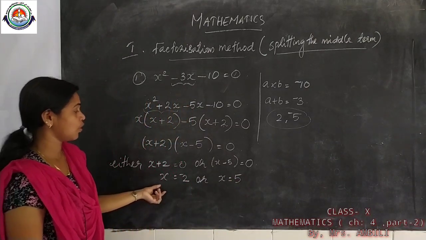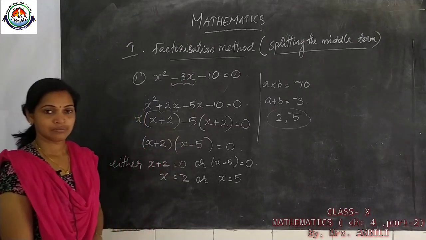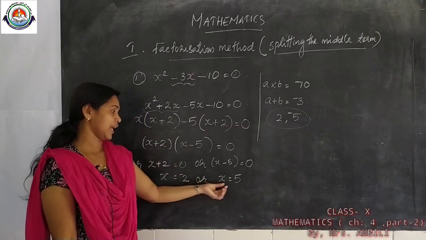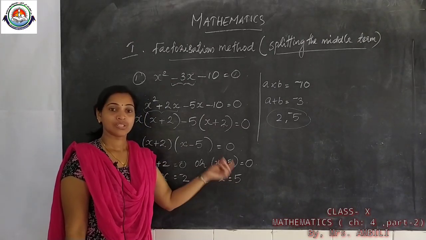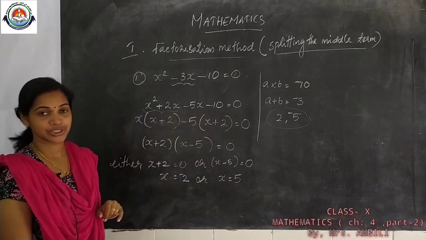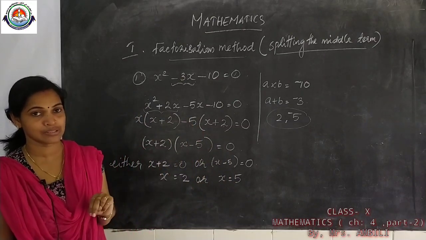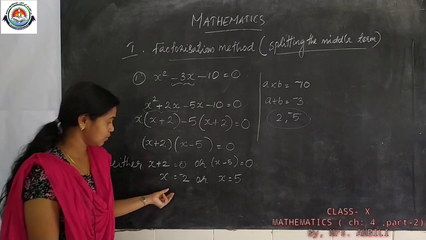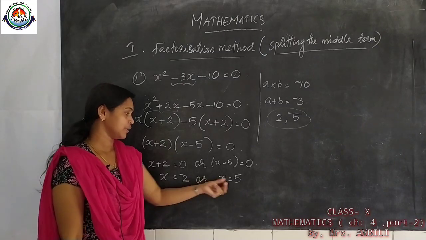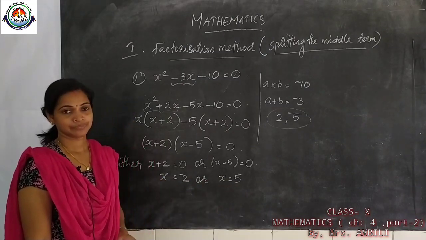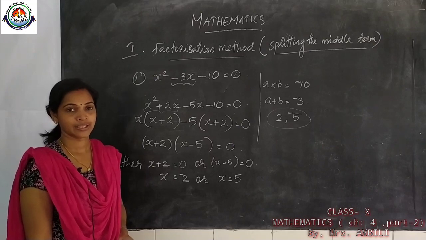Now look, we got two values for x. What are the values? Minus 2 and 5. So, we already told a quadratic equation can have at most two zeros, two roots. So, what are the roots here? Minus 2 and 5. Clear?